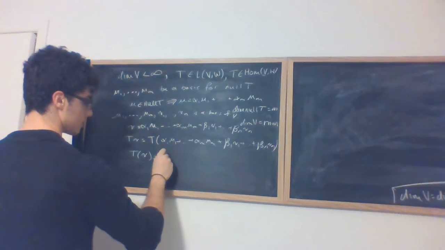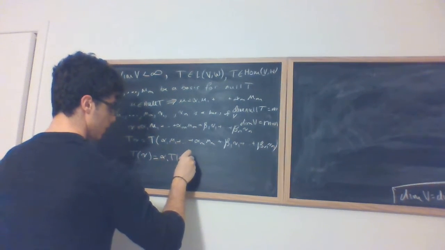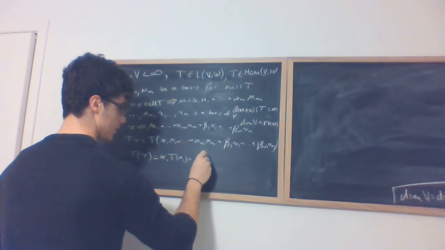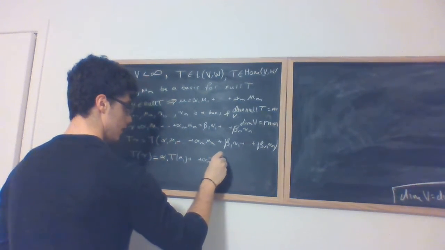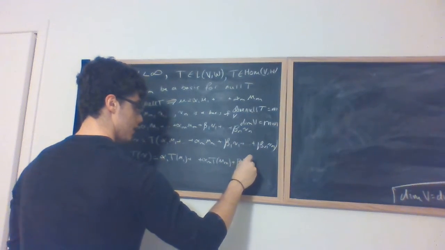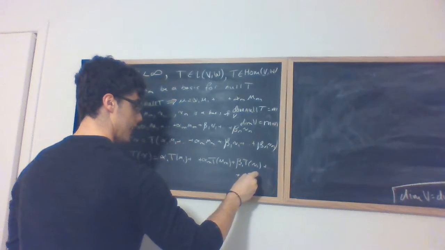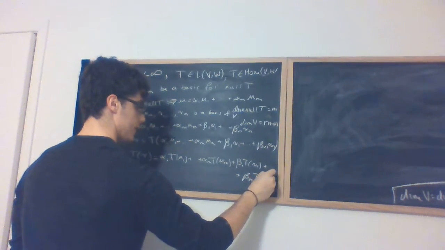T of V is going to be equal to alpha 1 T of U1 plus every one of these up until alpha m T of UM, and then we're going to get beta 1 T of V1 plus all this junk up until beta n T of Vn.